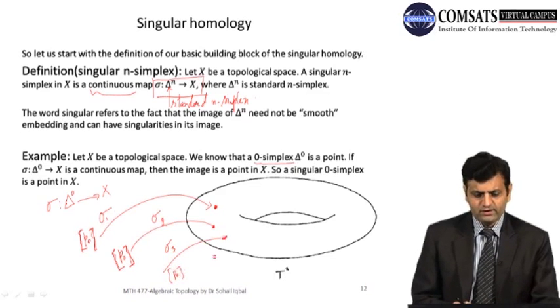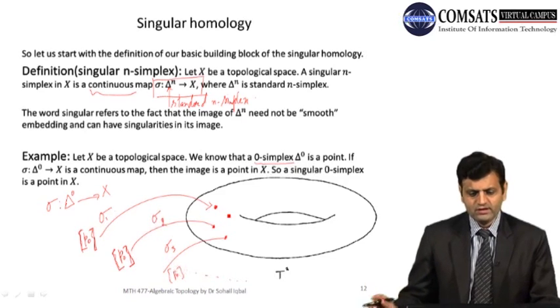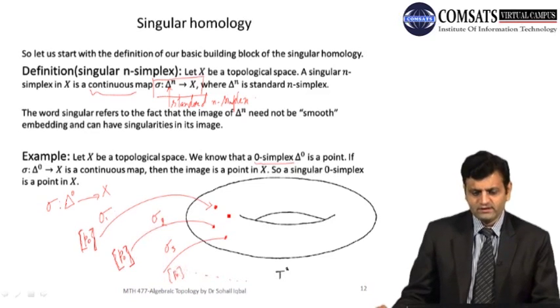If you keep doing this, you can easily see that I can define infinitely many continuous functions from any zero simplex to, for example, the torus. And of course if X has infinitely many points, then we can define infinitely many zero simplexes inside the topological space X. So that's a kind of different situation.